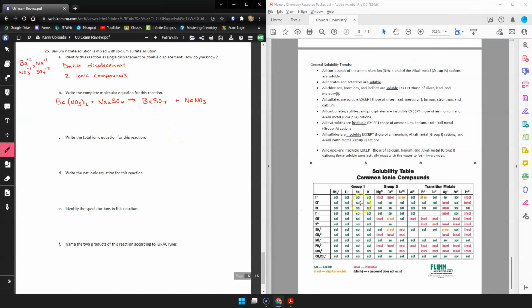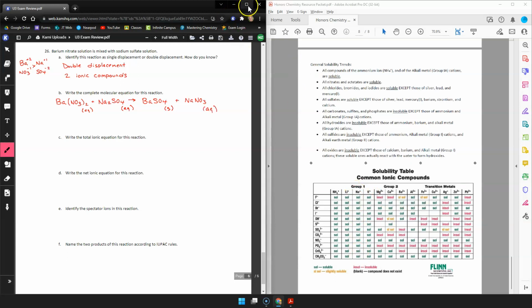Okay, let's look at the states here. Ba(NO3)2 is soluble, so this will be aqueous. Na2SO4, Na is soluble, aqueous. Barium sulfate, BaSO4, insoluble, so this will be a solid. And then NaNO3, they're all soluble, so this will be aqueous.